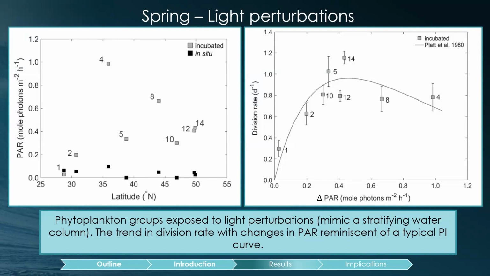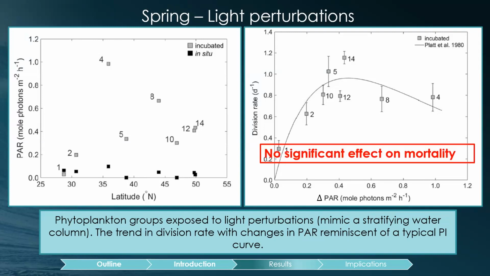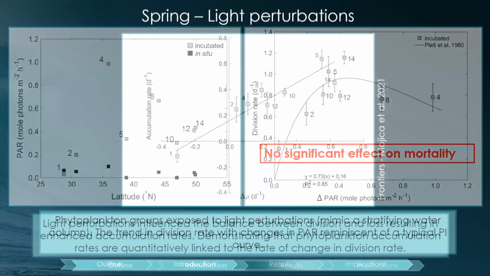So another important part is that when we did this, we actually found no significant effect on mortality rate because this was all within that 24-hour period. So remember I told you that the positive accumulation rate has to be due to the lag in the response of mortality to actually respond to those changes in division. So we already kind of see that here.